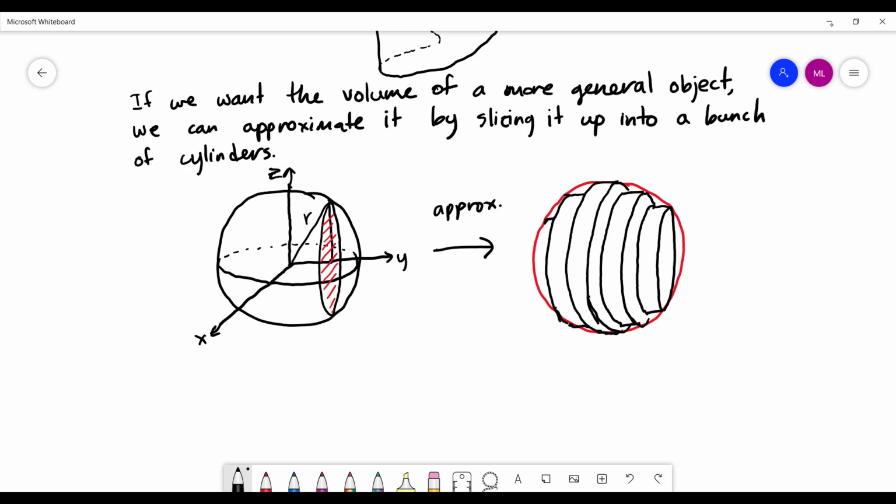If you want, take a look in the textbook. Their picture is probably a little better than my hastily hand-drawn one here. But again, these would be kind of the flat surfaces. If I shade it, it'll make a little more sense. That we just sort of sliced this thing into. So those are sort of the flat faces.